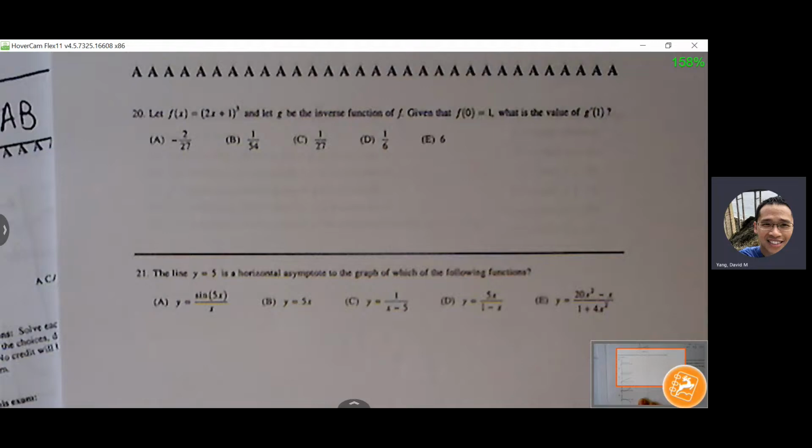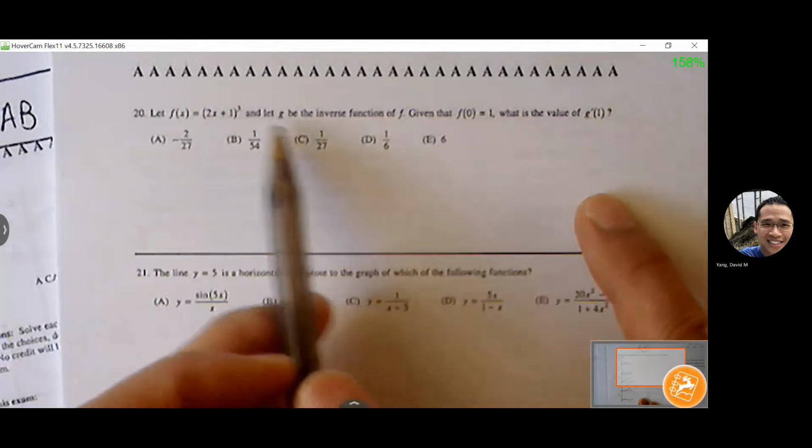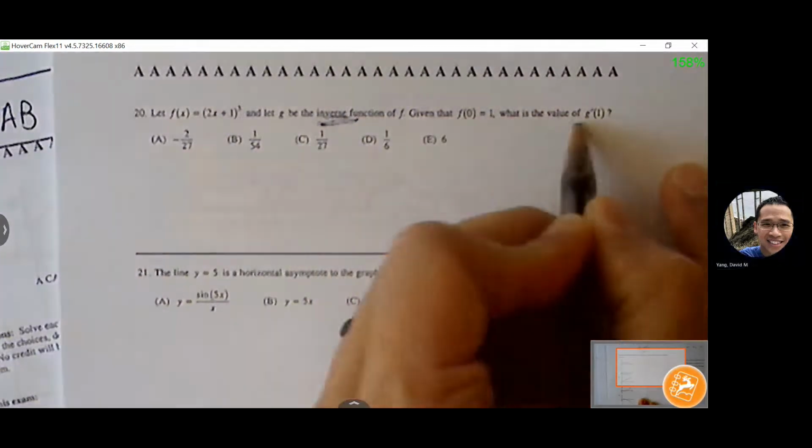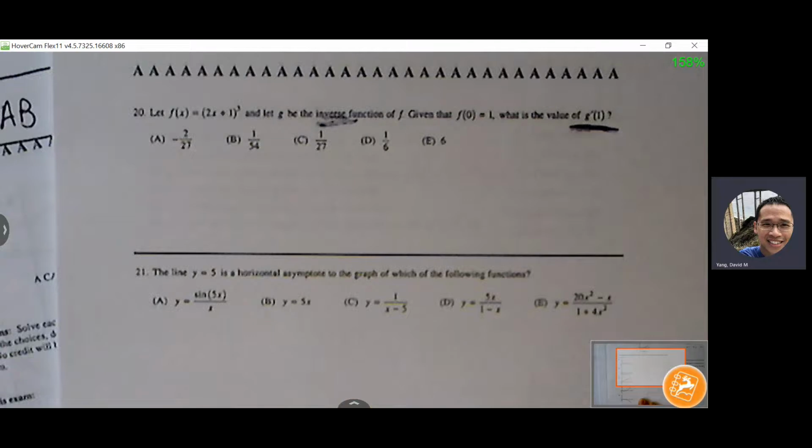This is find the derivative of an inverse at a point. Got an inverse function. Find the value of g prime 1. I like to go through my table here.